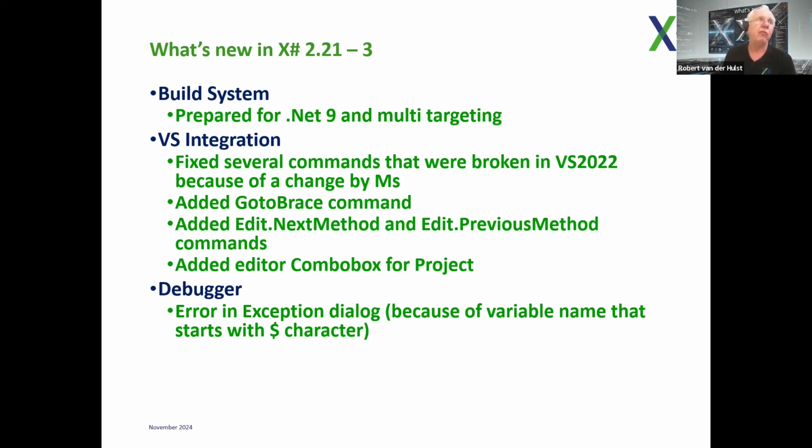We now recognize that you are called from the debugger, and inside the debugger, we also allow a starting $ character as the first character of an identifier, which is what Visual Studio and .NET use in certain situations, and then the error in the exception dialog is gone.